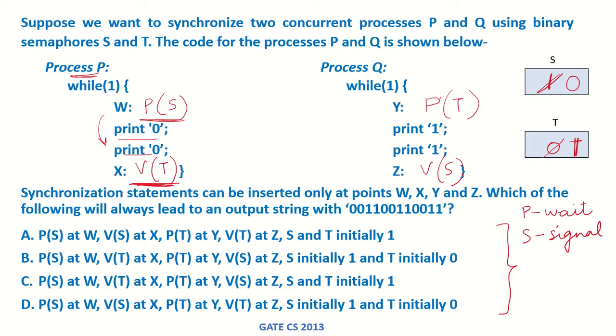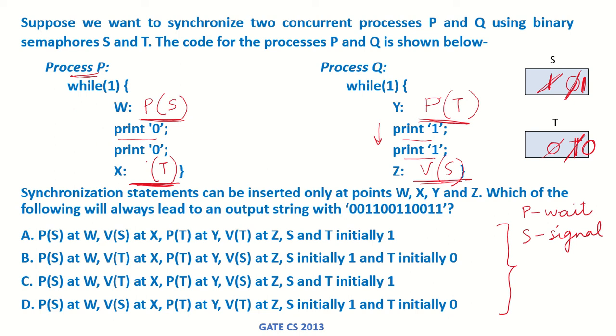Now Q, which was waiting on T, decrements the value, enters, prints 1 and then signals S. So now S becomes 1. P was waiting on S, so it can now run again.